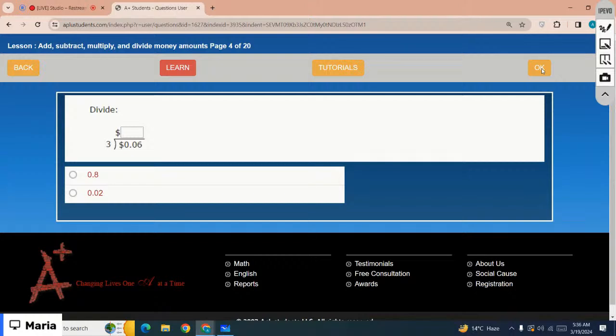The correct option is $0.02. Option number 2 is the correct option.